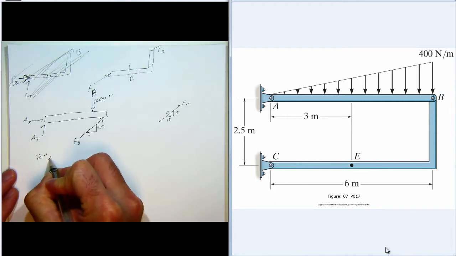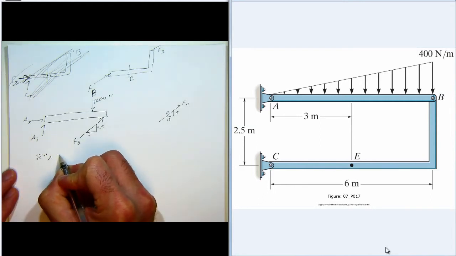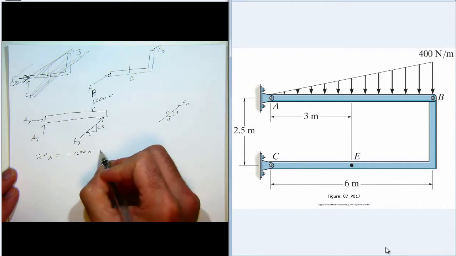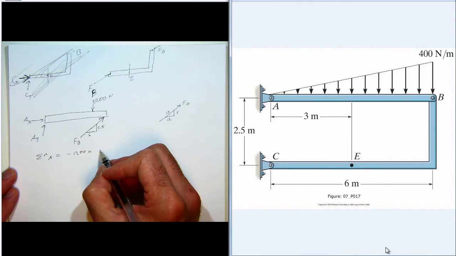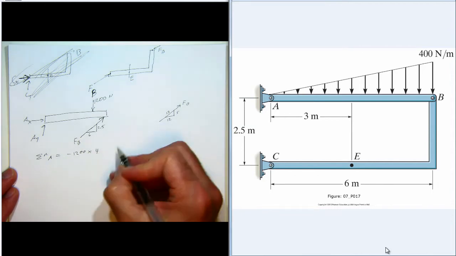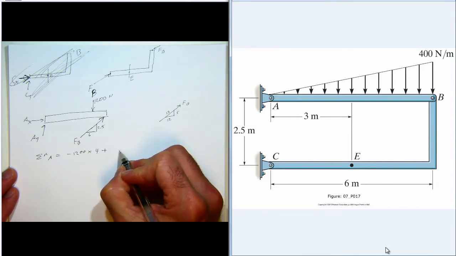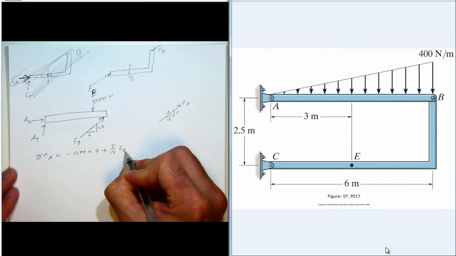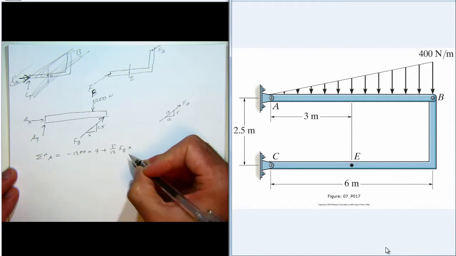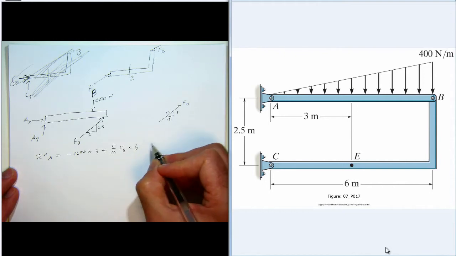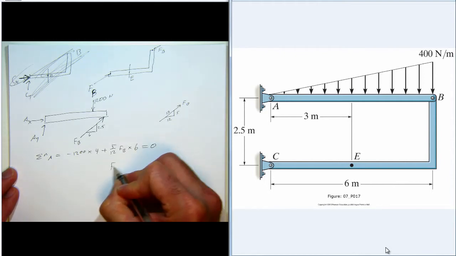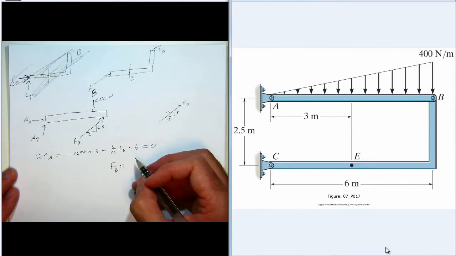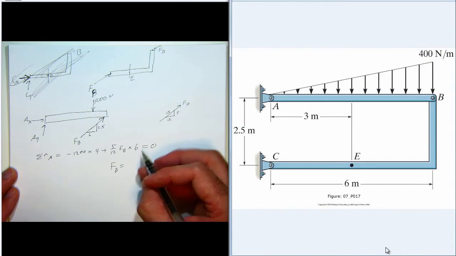The sum of the moments about A will give us the magnitude of FB. So we have negative 1200 times 2/3 of 6, which is 4, plus 5/12 FB times 6. And that adds up to 0, so we get that FB is 2,080 newtons.